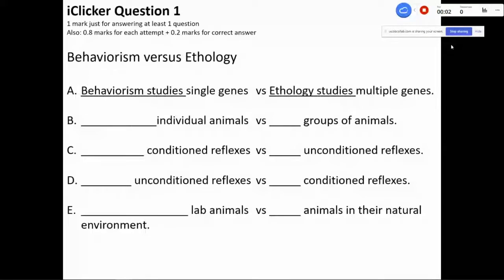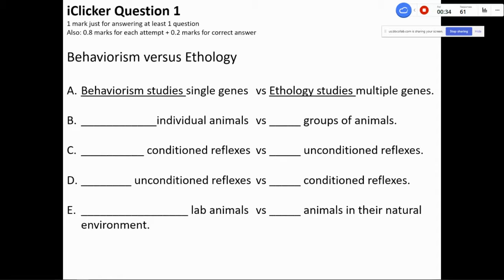We were doing the behavior thing last time, behaviorism versus ethology, which we talked about at the very beginning of the class. The question is: behaviorism studies a single gene versus ethology studies multiple genes, and so on down that list. Individual animal versus groups of animals.